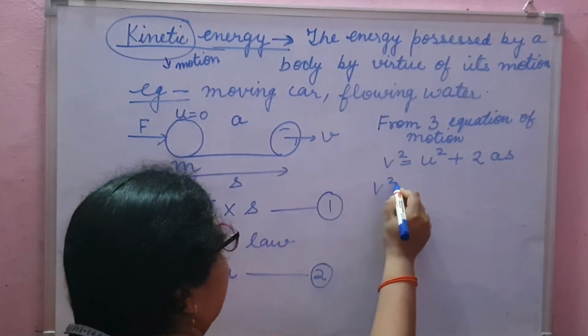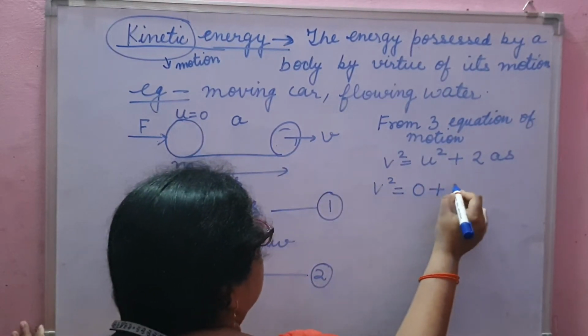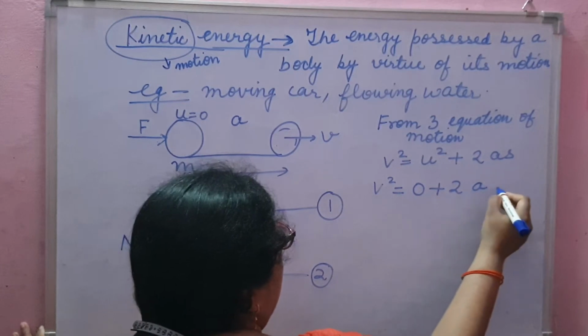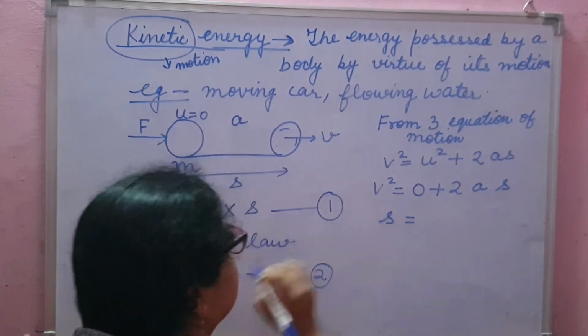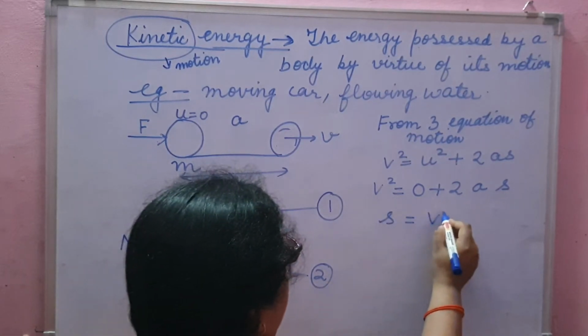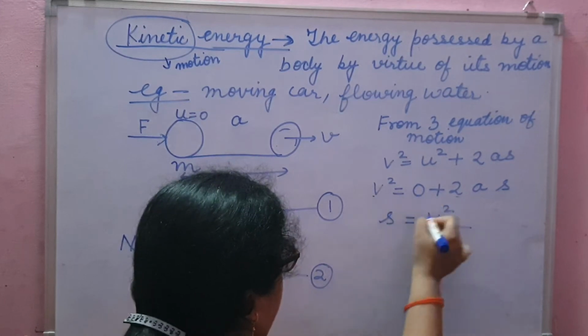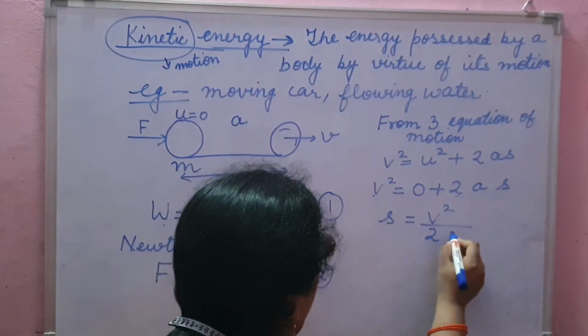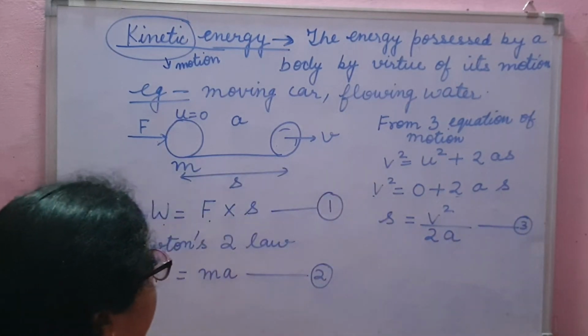Here u is 0, so v square is equal to 0 plus 2as. From this we can find s, which is equal to v square upon 2a. This is equation 3.